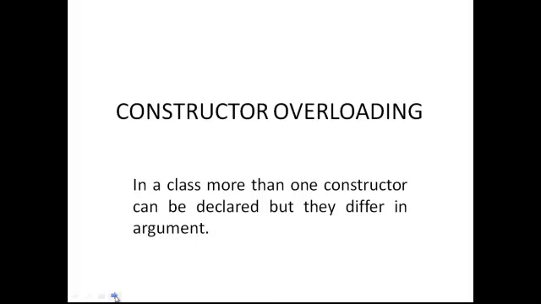That means when we create a class, first I use the default constructor, then I also use the parameterized constructor, then the third type of constructor with default argument, and the most important type of constructor is the copy constructor.